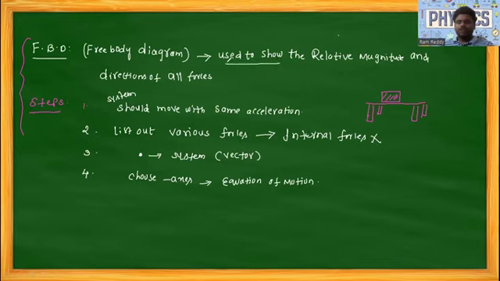It is used to show the relative magnitude and direction of all forces. In this duster placed on a table, what forces are acting? First, we have the frictional force. Let us consider the duster moves in this direction. Then this is our applied force, and the table exerts a normal force N, and similarly the gravitational force Fg.